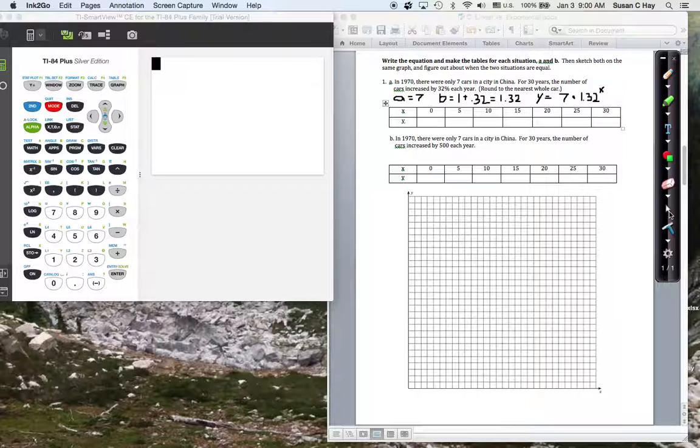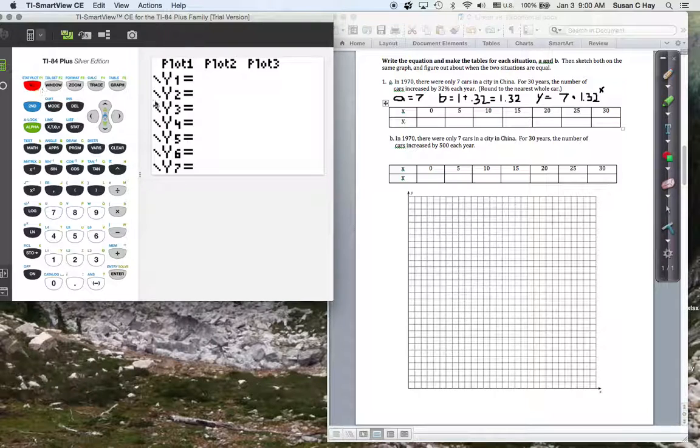So our next step is to enter that equation into our graphing calculator. So if you're not that familiar with graphing calculators, this is where you enter the equation. You hit the y equals button, brings you to this window right here. So we're going to type this equation in just like a typewriter, basically, just like a word processor. 7, and then there's your times, and then your B, 1.32, and this thing right here says raised to a power.